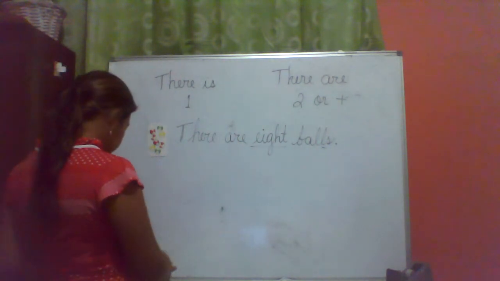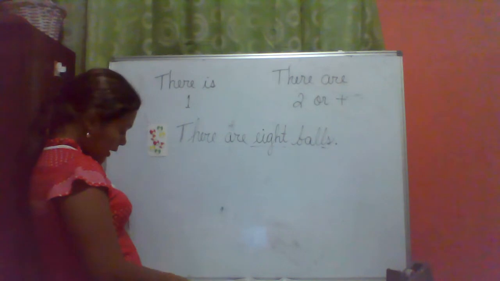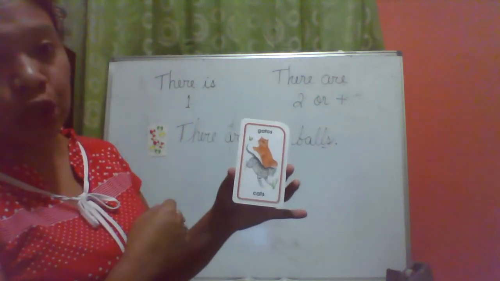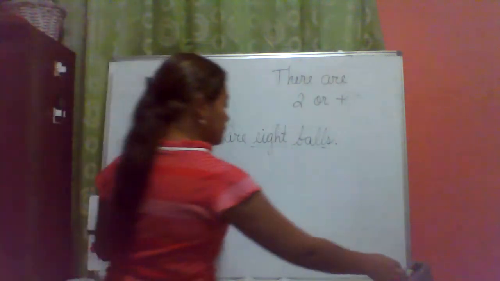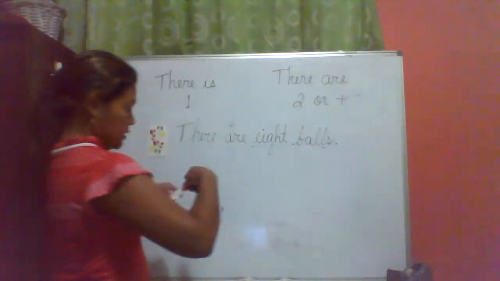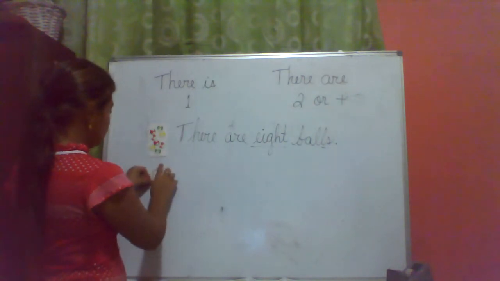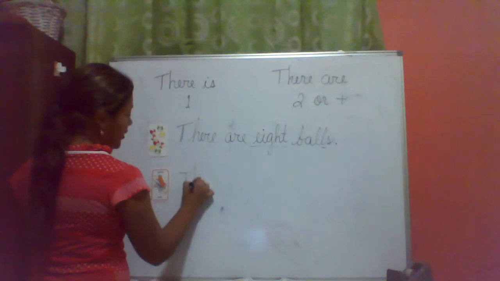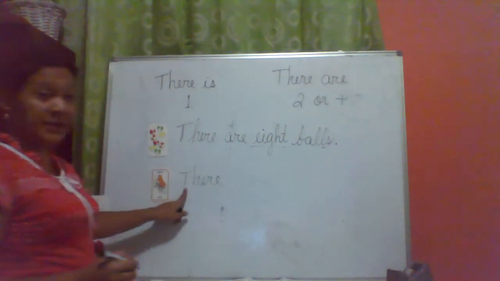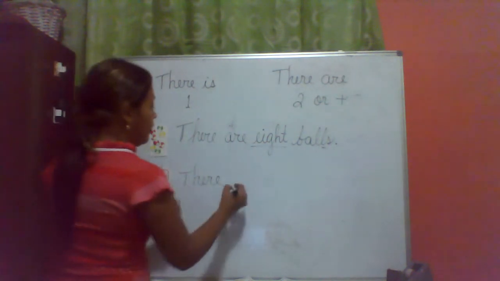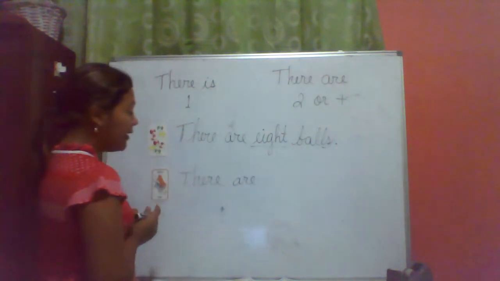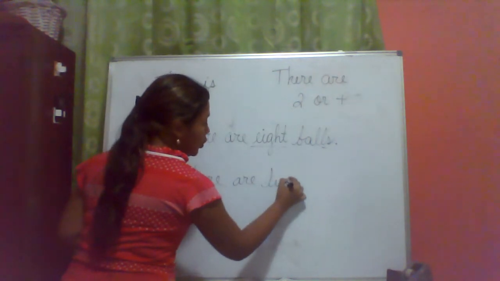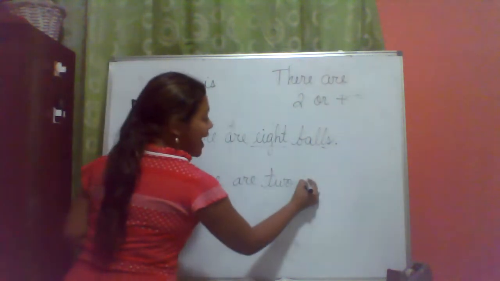Another example. Cat. Here we have 1 and 2 cats. Okay? Let's paste here. And we write there, capital letter at the beginning. There are 2 cats.